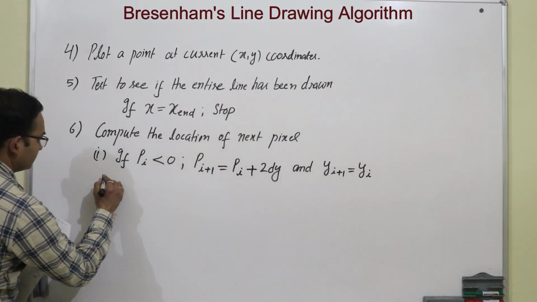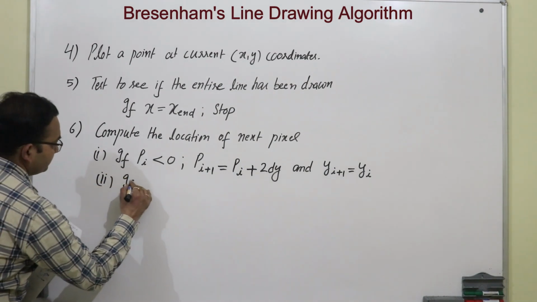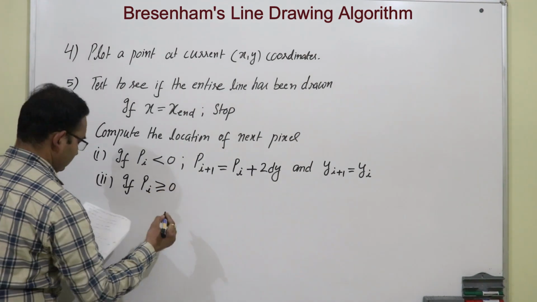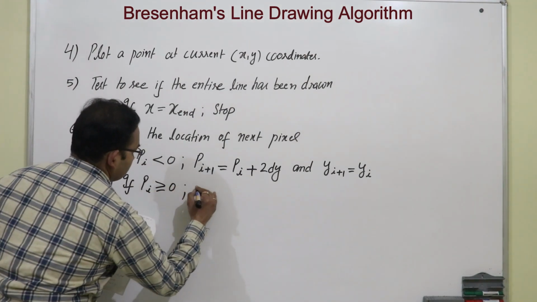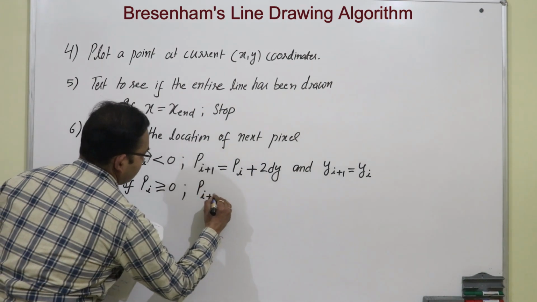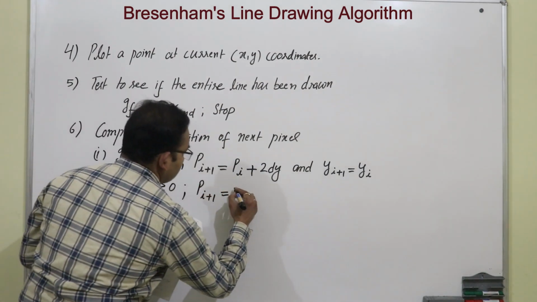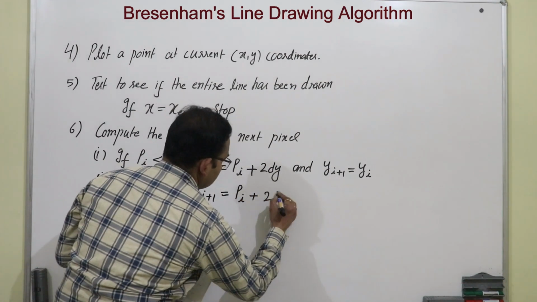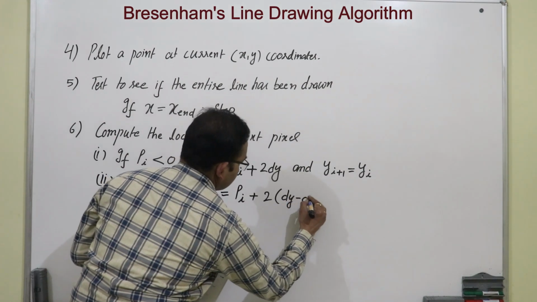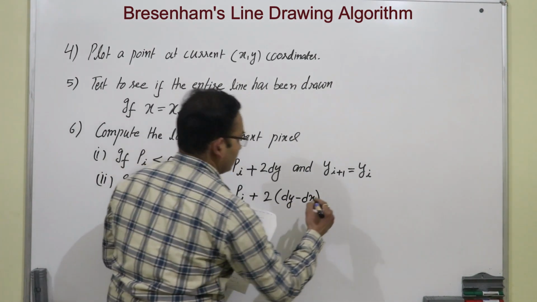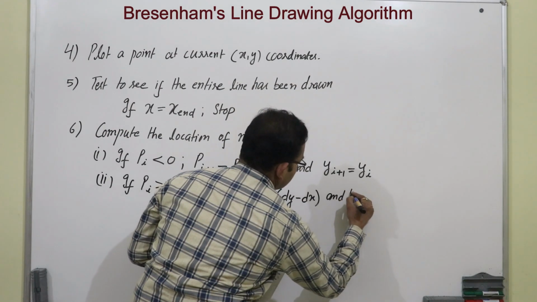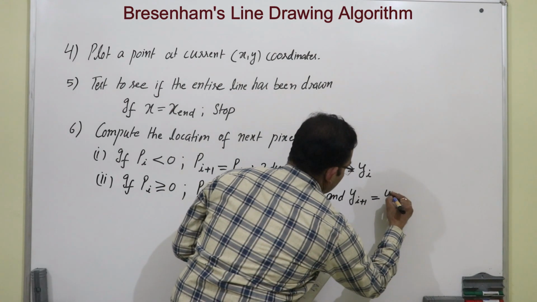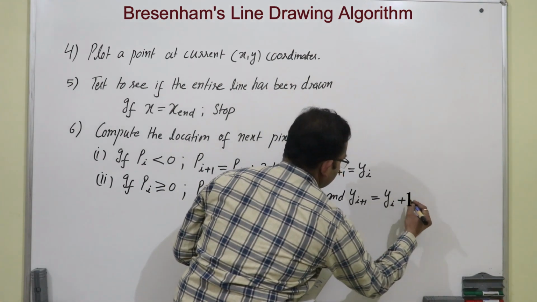Second, if pi greater than or equal to 0, then pi plus 1 equal to pi plus 2 dy minus dx, and yi plus 1 equal to yi plus 1.